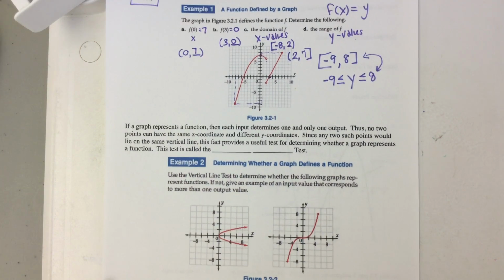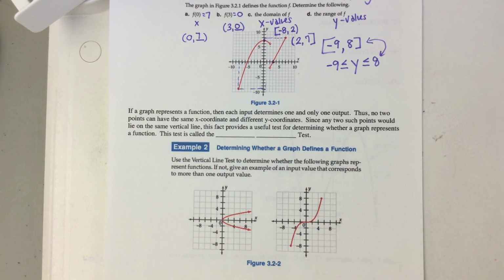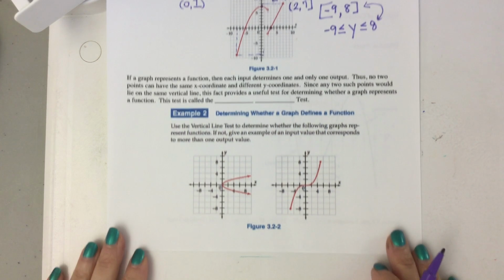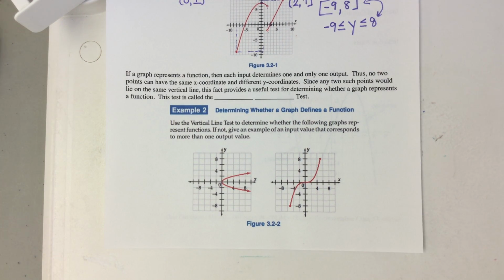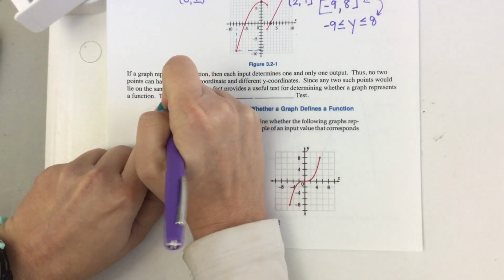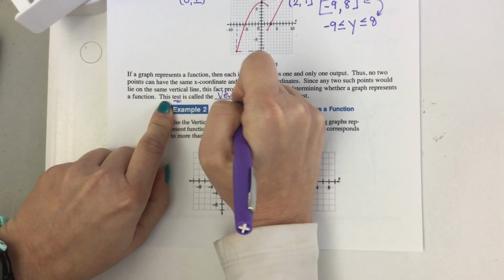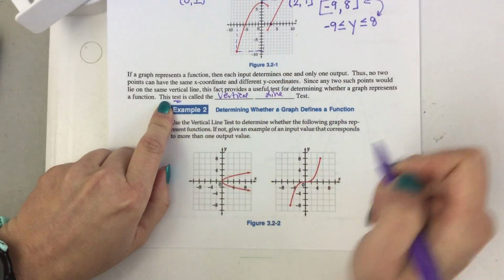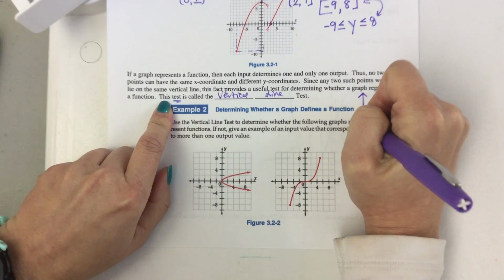When we talk about a function, what a function means is that each x value can occur only one time. So when we are looking at a graph and trying to determine if something is a function, we have to do a test that is called the vertical line test. Remember, vertical lines run up and down.